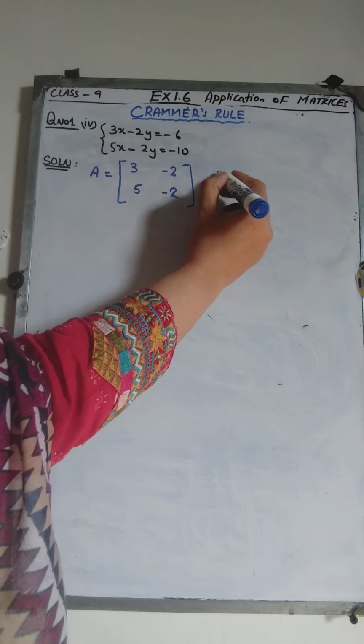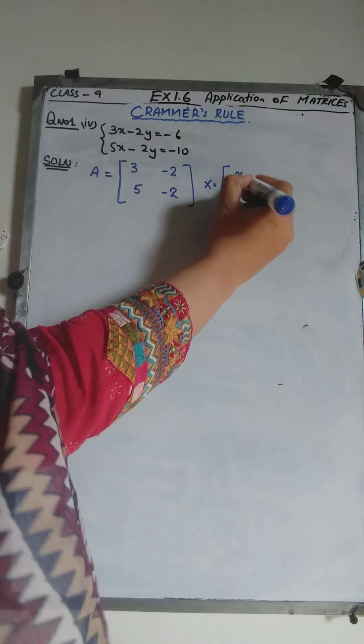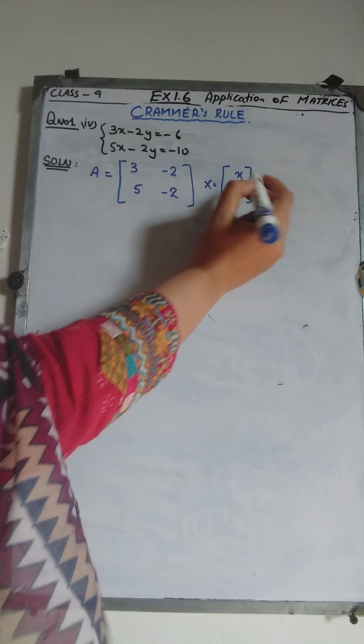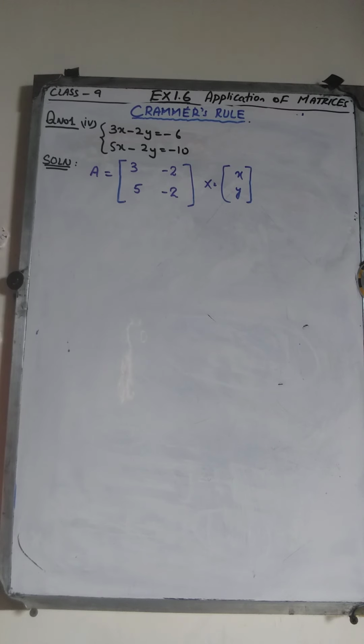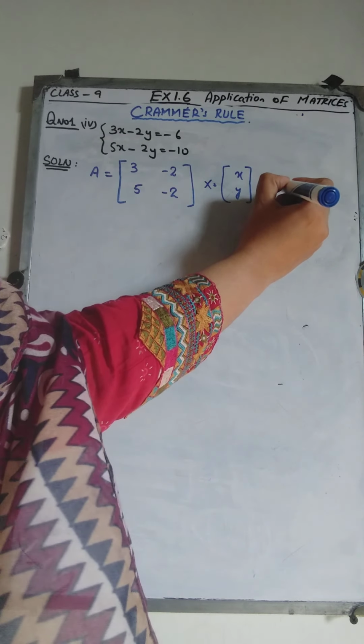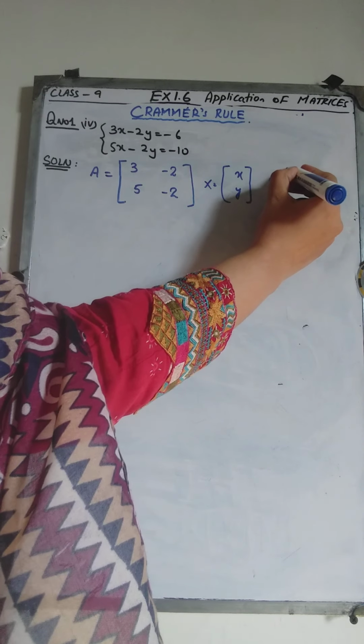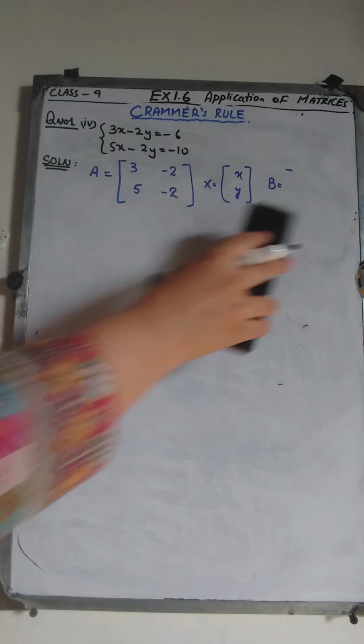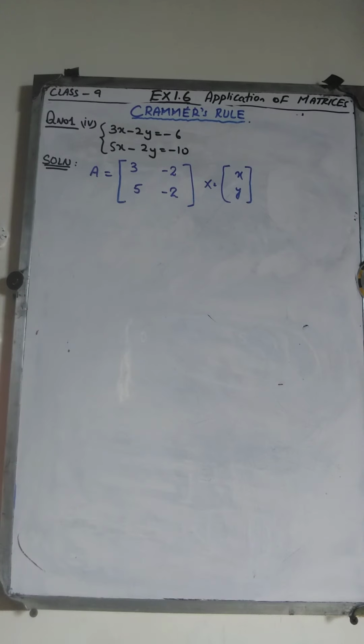And again we have a matrix of unknowns. Here we are going to find the unknowns directly. And then we have the matrix of constants. We don't need that for this method.